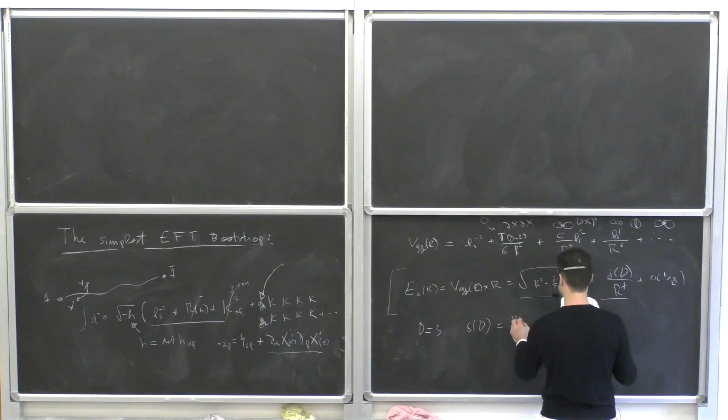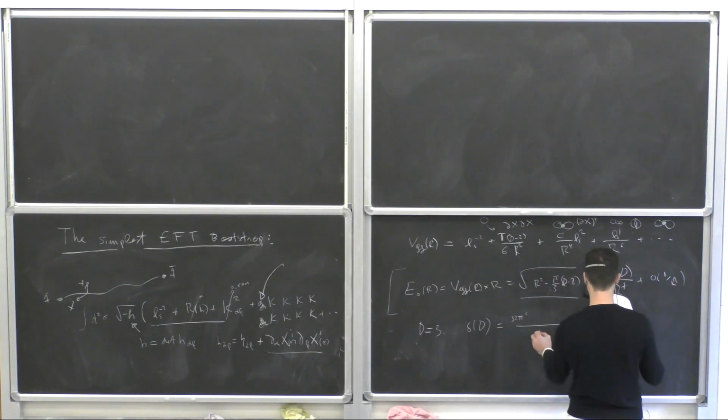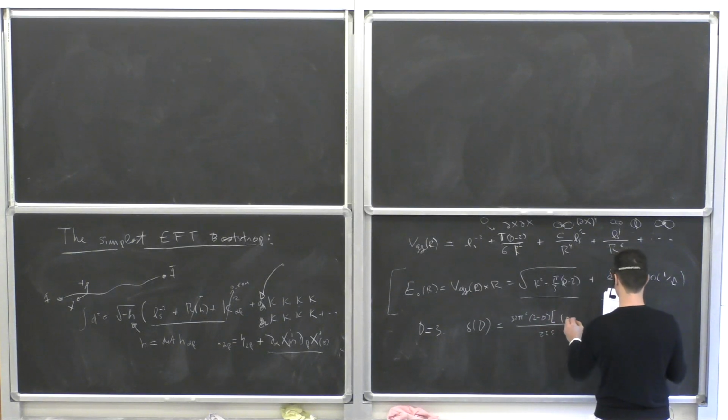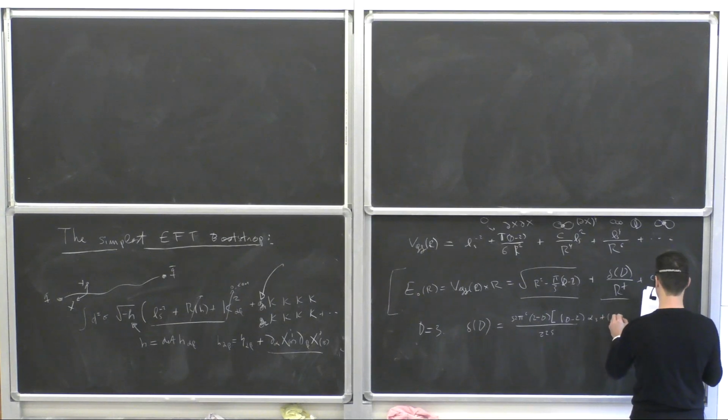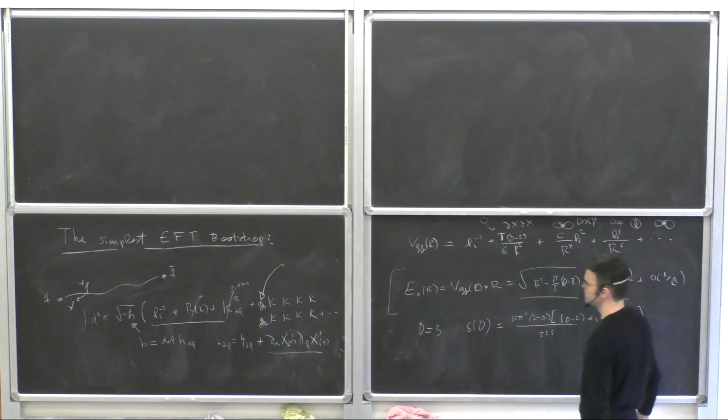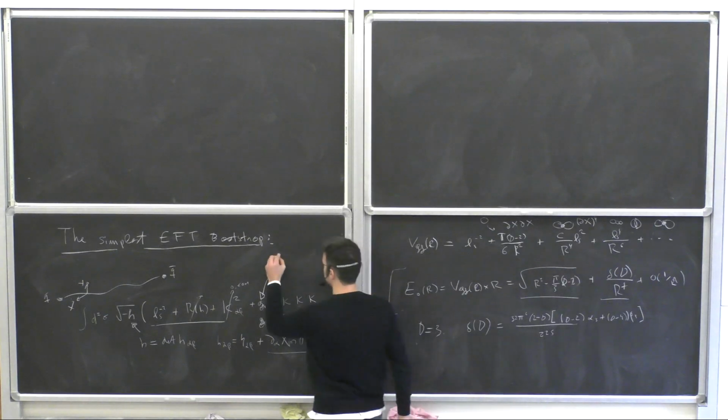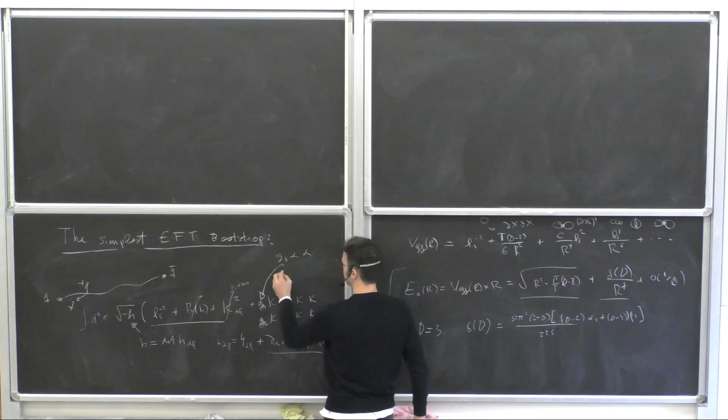It is 32 pi 6 over 2 to 5, 2 minus d, d minus 2, alpha 3 plus d minus 4, beta 3, okay? Now, G1 is proportional to alpha, and G2 is proportional to beta.